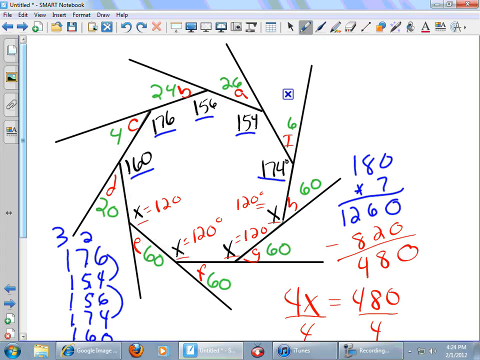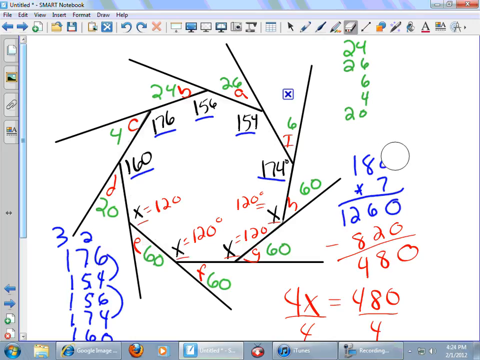Now, I can feel good about this problem if all my green ones add up to be 360 degrees. So I'm going to add them up. If they don't all add up to be 360 degrees, I've made a mistake somewhere. So I've got 24, a 26, a 6, a 4, and then a 20, and then 1, 2, 3, 4 60s.